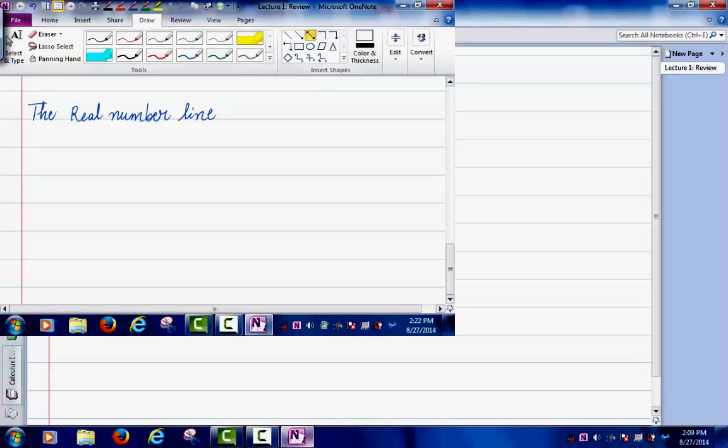Well, the real number line is an array which extends to infinity on both sides. Okay? And we pick a point arbitrarily and call it 0. So 0 is denoted by that point. And then we pick a unique length.